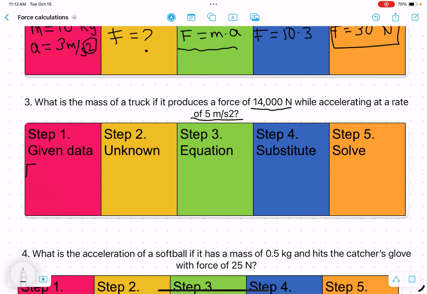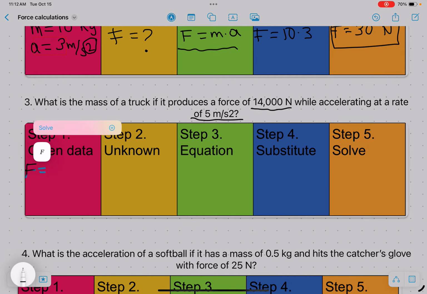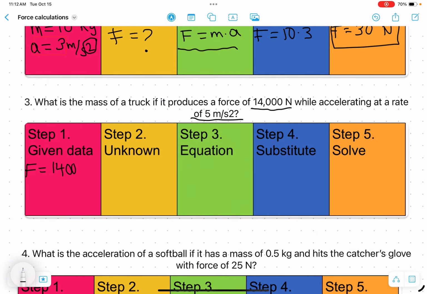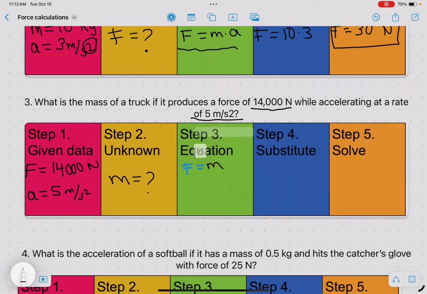So force equals 14,000 newtons and the acceleration is 5 meters per second square, and you're looking for mass. So mass equals question mark. You don't know what the mass is. The equation that you always use is force equals mass times acceleration.